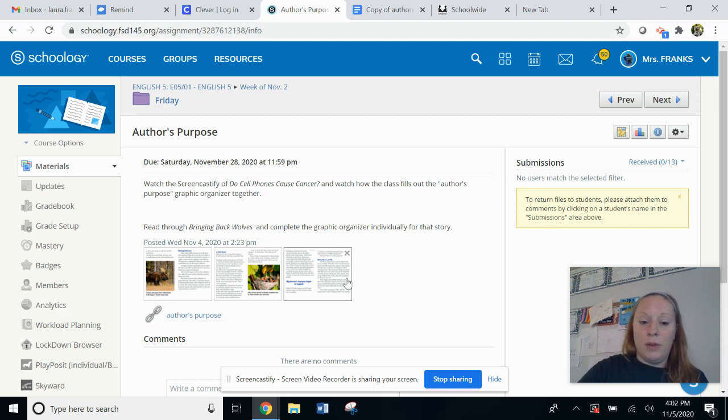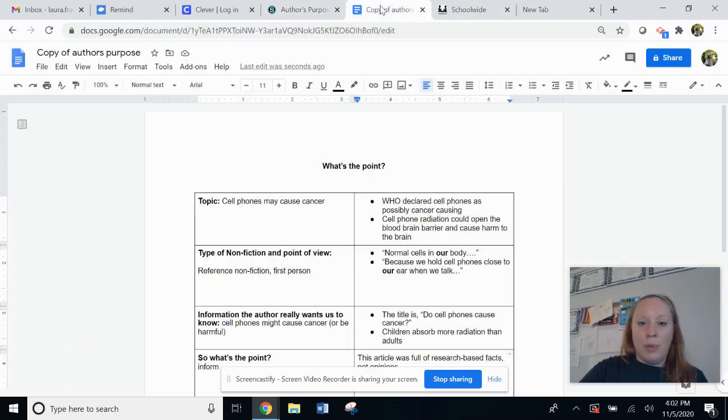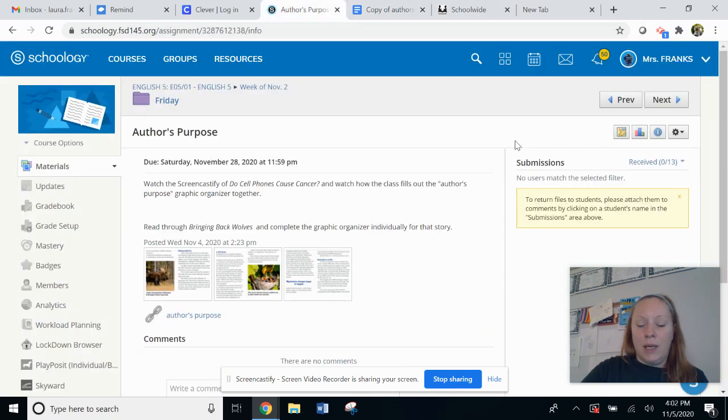But remember, you're going to fill the graphic organizer out for bringing back wolves. So there are 3 screenshots of this article. You need to read all 3 screenshots of the article, complete this graphic organizer for bringing back wolves, share it with me, and submit it on Schoology.